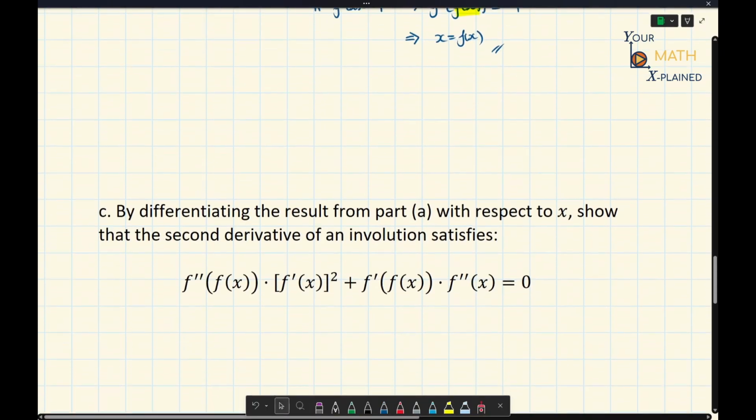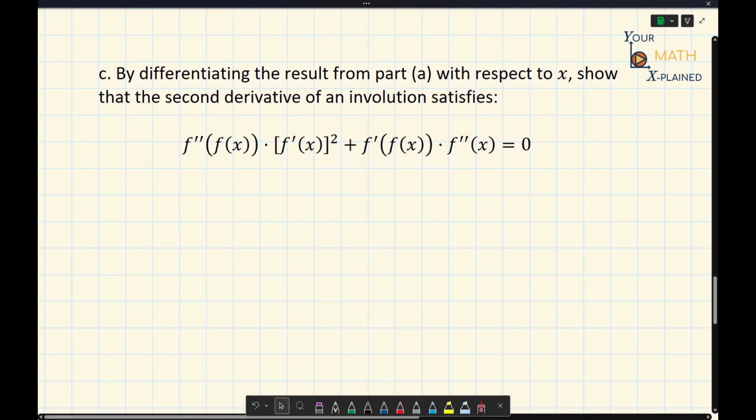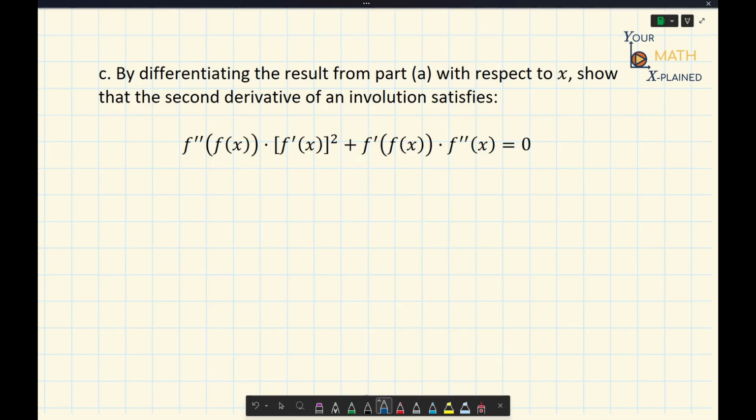And now for the last part of this question, we want to show that the second derivative of an involution satisfies this equation here. So we're going to start with the result from part A, and we're going to differentiate both sides with respect to x. So from part A, we know that f prime of f of x multiplied by f prime of x is equal to 1.